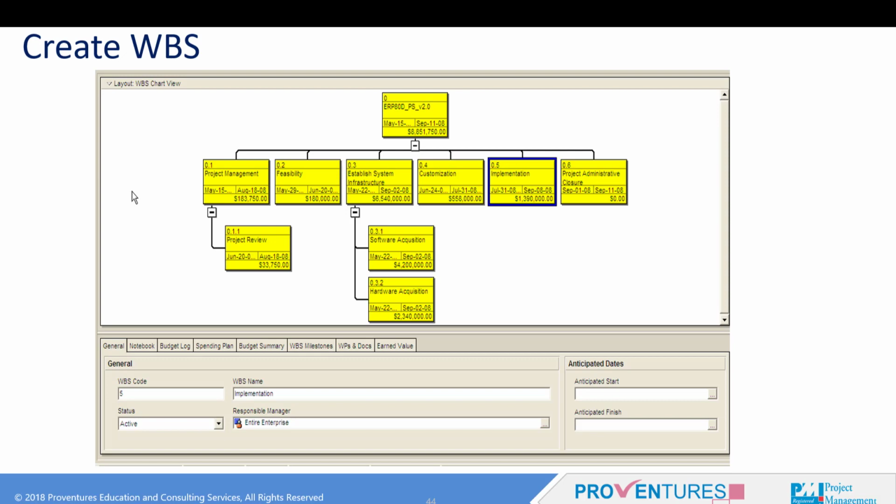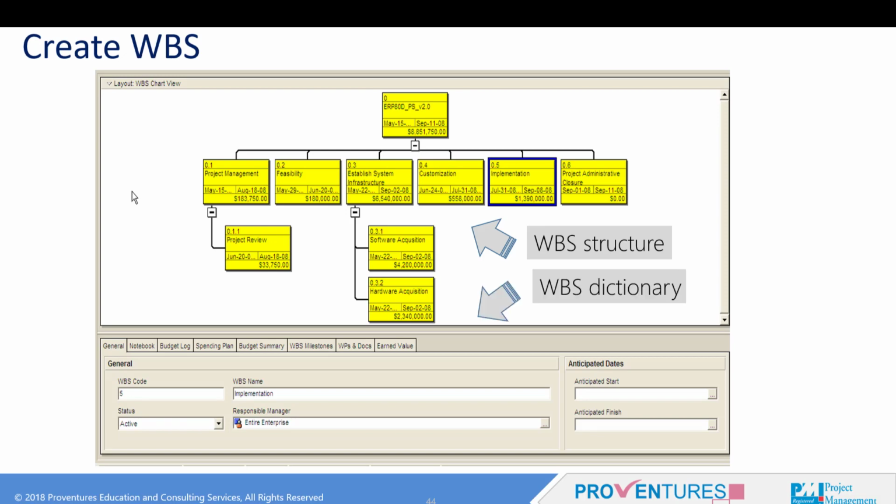One of the level 2 elements, establish system infrastructure, is further detailed into software acquisition and hardware acquisition. So this structure is the critical output. We call it the WBS structure.